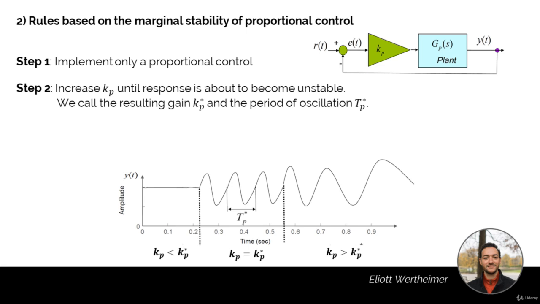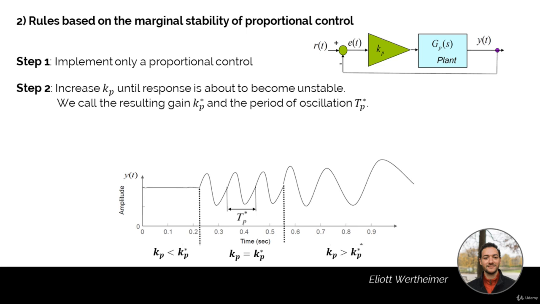So to make you understand exactly what I mean, the aim is to have a Kp star, and with respect to that Kp star, if Kp is inferior to it, then there are no oscillations in the system. It is completely stable and follows the step input that you want to have. If Kp is equal to Kp star, we have oscillations of period Tp star that oscillate with constant amplitude.